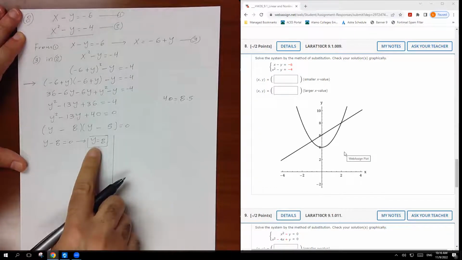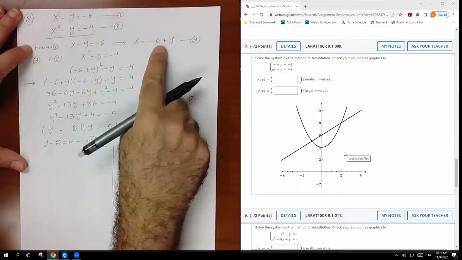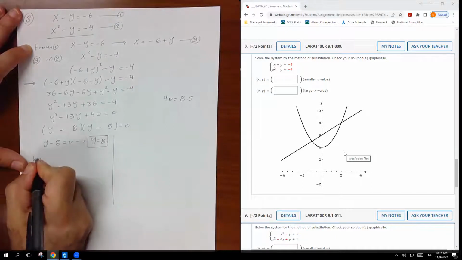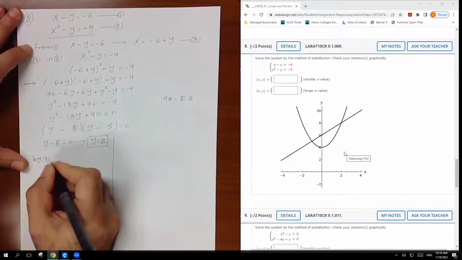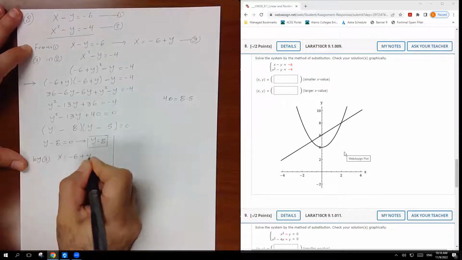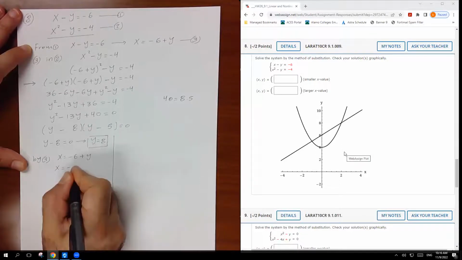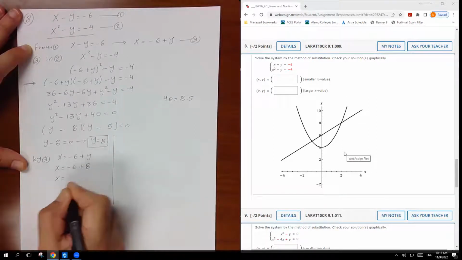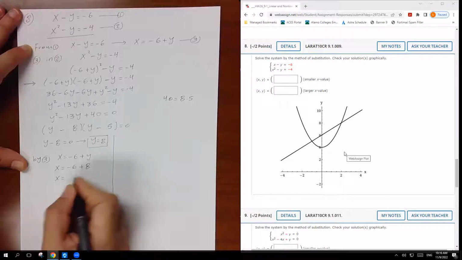I'm going to plug in y into 3, which is x equal -6 plus y. That means x is going to be -6 plus 8. So x is going to be equal to 2.